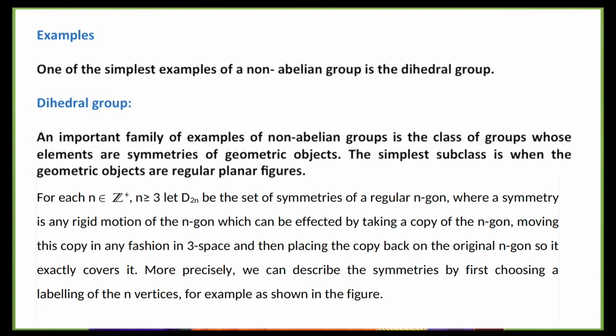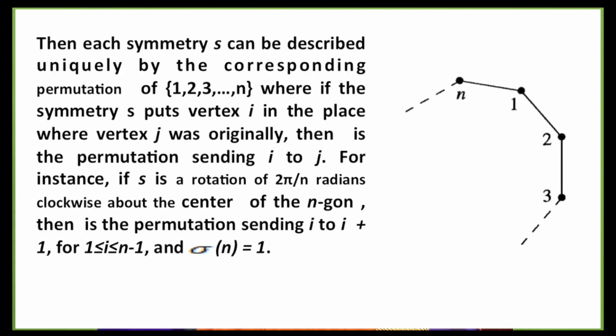More precisely, we can describe the symmetries by first choosing a labeling of the n vertices. Please see the figure. Then, each symmetry S can be described uniquely by the corresponding permutation sigma of 1, 2, 3 up to n, where if the symmetry S puts vertex i in the place where vertex j was originally, then sigma is the permutation sending i to j.